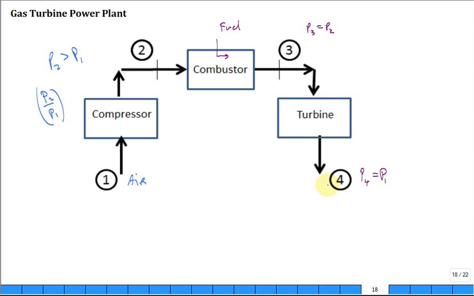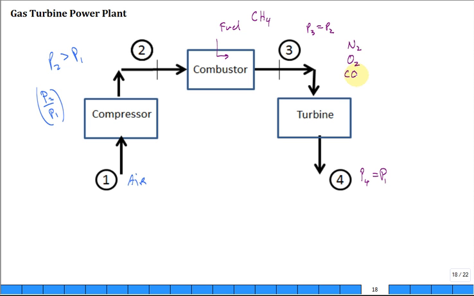And then typically you exhaust it. When you add fuel in the combustor, what is the fuel for natural gas? CH4. Isn't that methane? It's primarily methane, 98, 99% methane. And you'll get some nitrogen from the air. You may have some excess oxygen that wasn't used in the combustion.